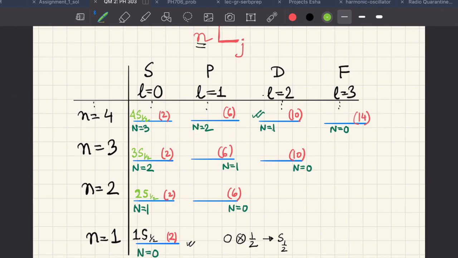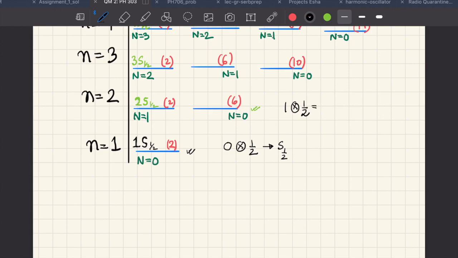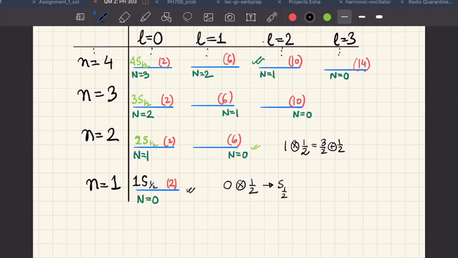Now what about the spectroscopic notation in this other case? Say for example l is equal to 1, n is equal to 2. What happens here? We have l equal to 1 tensored with spin half. So what are the possibilities? It is going to give you l plus half, direct sum with l minus half. So if l is equal to 1, this is going to give us 3 by 2, and here it is going to give us half. So it is a direct sum between 3 by 2 and half. So what are the different states here?